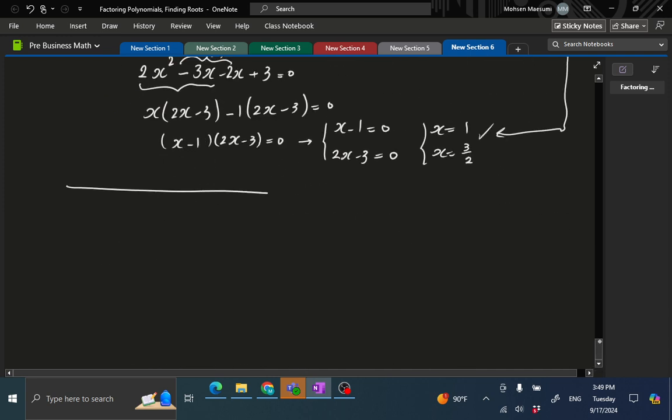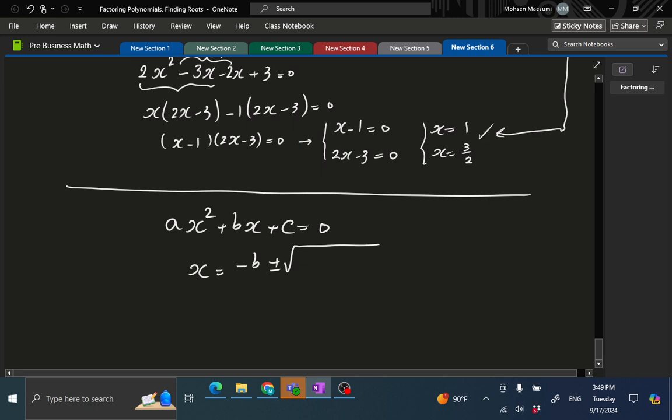The important thing we learned today was if you have ax squared plus bx plus c equal to 0, so x squared and then x and then 1, then x was equal to minus b plus or minus the square root of b squared minus 4ac, divided by 2a.